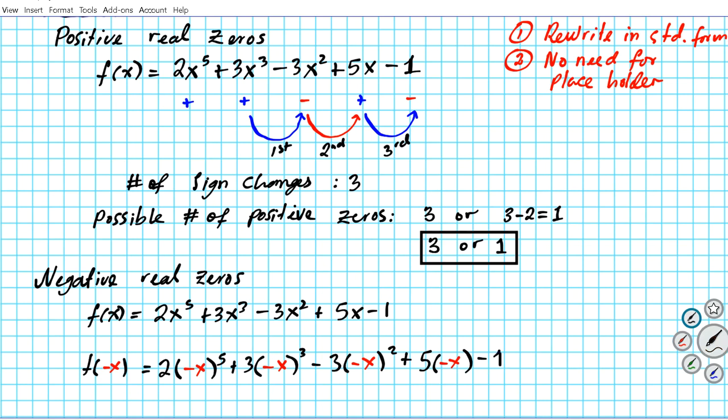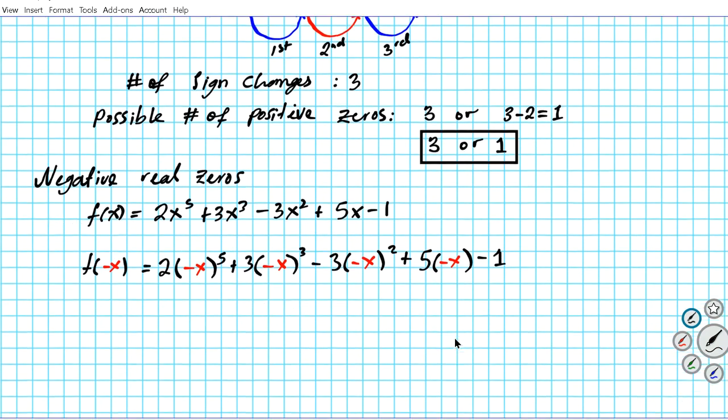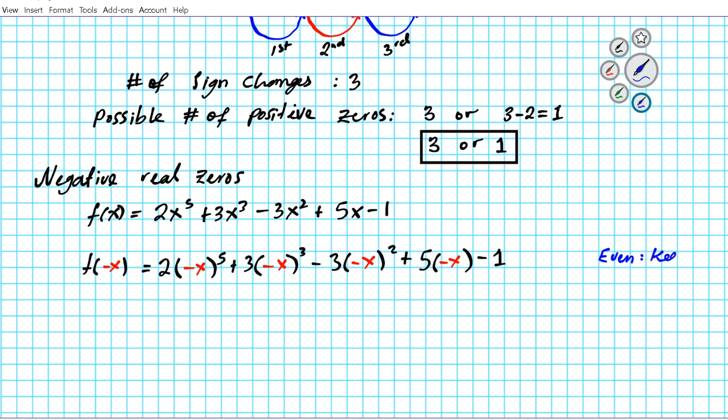Okay? A simple way to help you simplify this is just remember that if the power of a term is even, you keep the sign, and if it's odd, you flip the sign. So let's write that down. Even power, you keep the sign, and odd, you flip the sign.